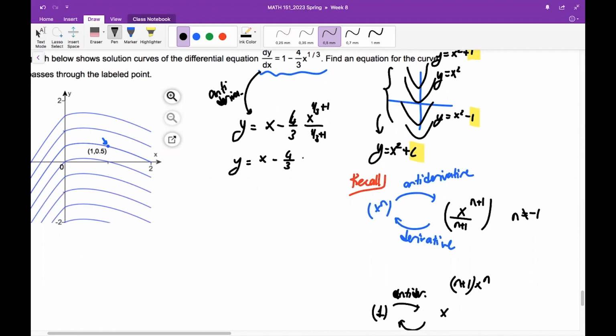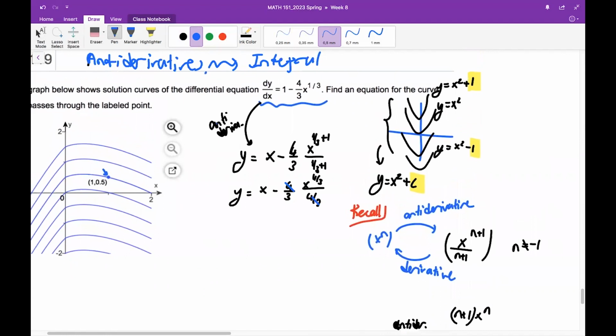And what we have here is 4/3. By the way, I guess we have 4/3s everywhere, so you can simplify it. These two are gone.